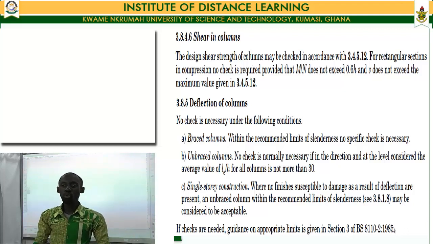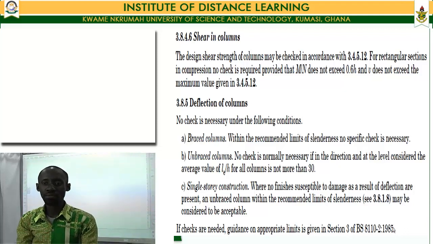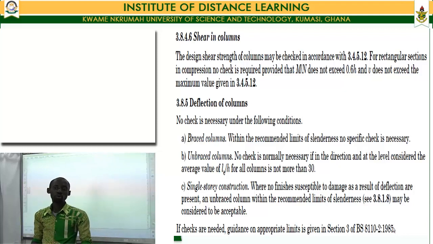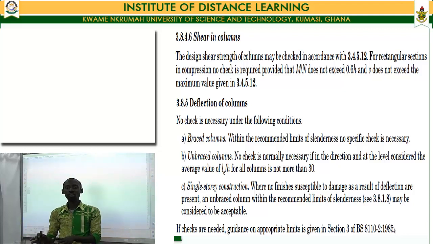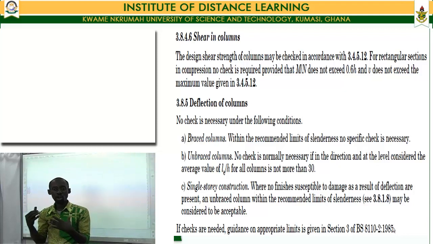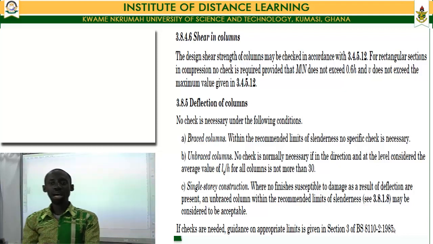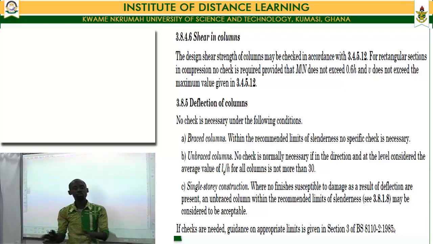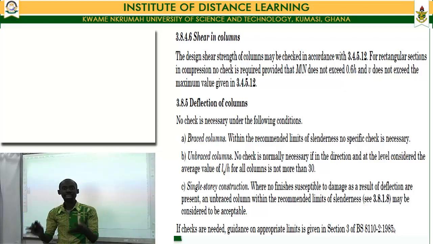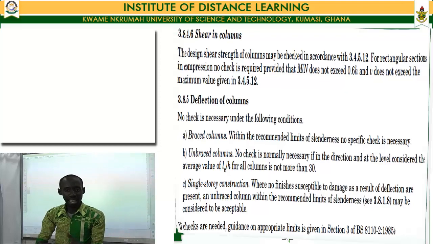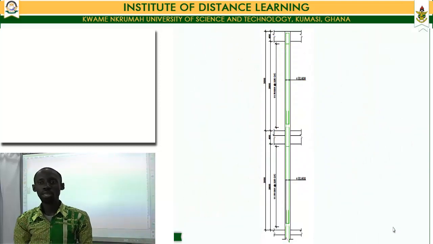So then we don't need to go in and do a rigorous check for deflection for our columns. So once we have our le over h value less than 30, it means that we can opt out of doing a deflection check for our columns. And so at this point, we can fully say that we've gone through our column design, our shear is okay, and our deflection is also okay.